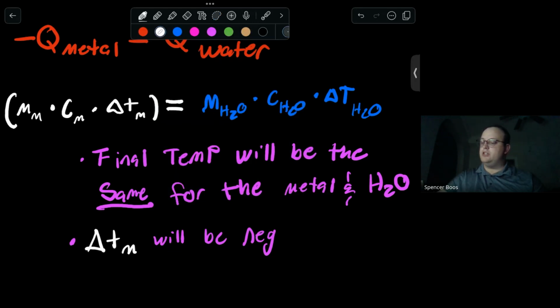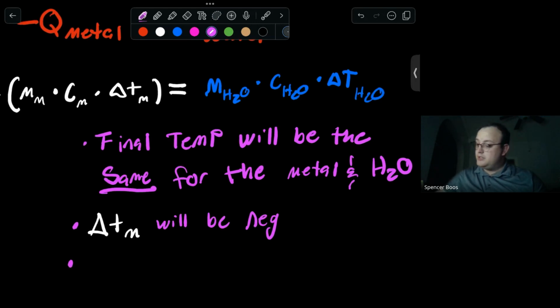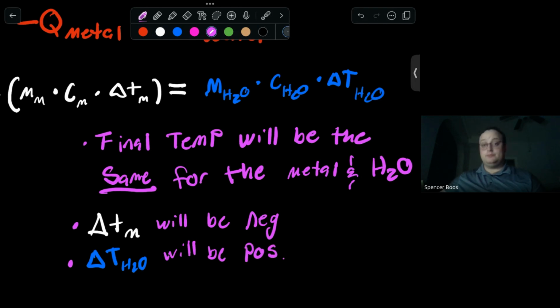So whenever you have a delta T for your metal, it will be negative, and your delta T for your water will be positive. So those are 3 good hints when solving these equations.